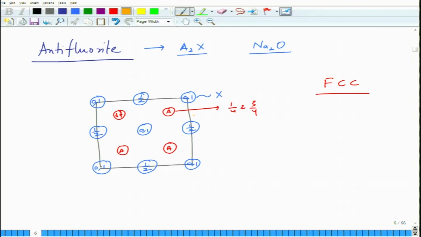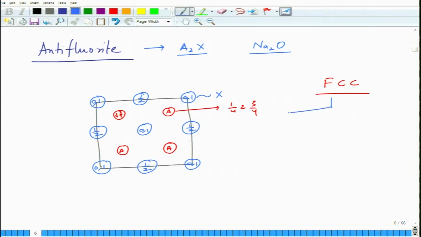Similarly here, it would be again FCC lattice, but instead of fluorine making 2 FCC lattices, now the sodium will make 2 FCC lattices, and anion will make only 1 FCC lattice. So, lattice type is FCC. Okay.